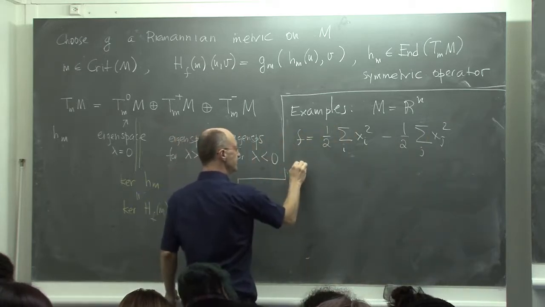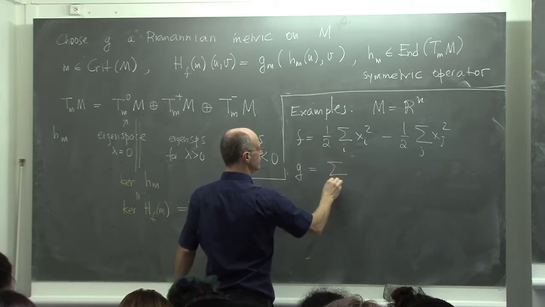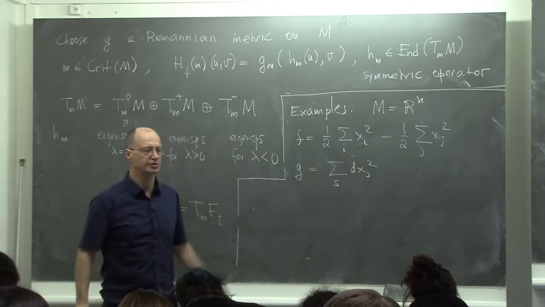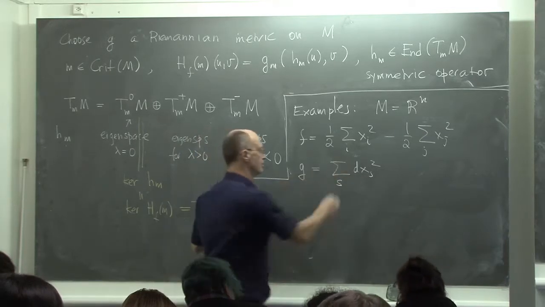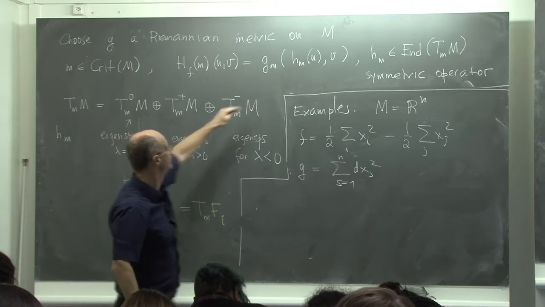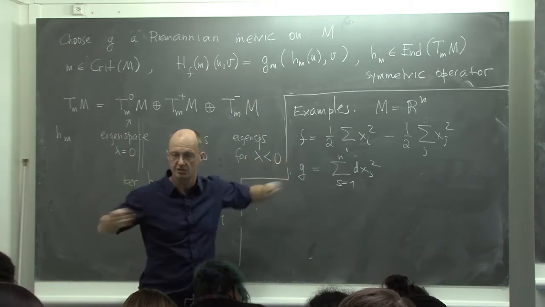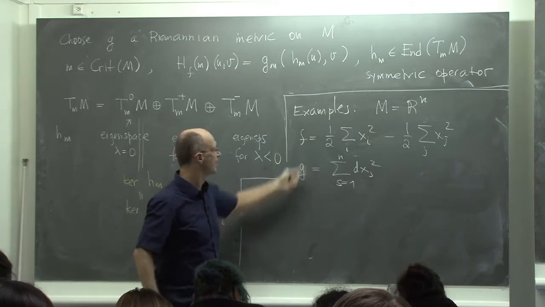Now let me say that I choose the metric which is simply the constant metric, the sum of dx squared for all coordinates. So this means in particular that this bilinear form G_m will be the standard Euclidean scalar product on R^n.